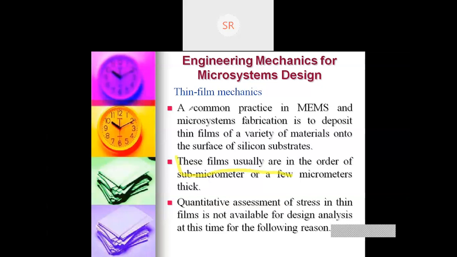They are commonly used in MEMS and in microsystem fabrication to deposit thin films of a variety of materials onto the surface of a silicon substrate.